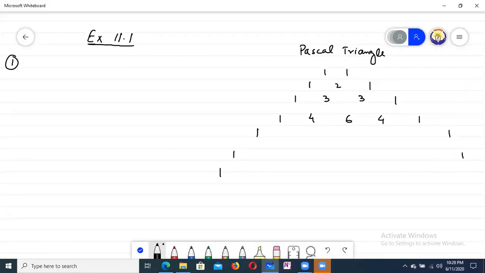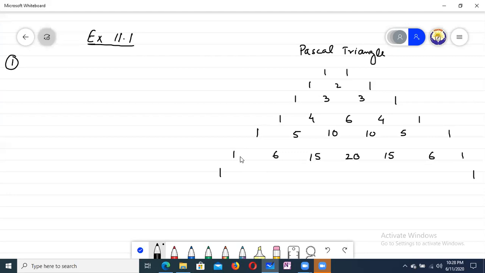Now we can complete this one. 1 plus 4 is 5, 6 plus 4, 10, here 6 plus 4, 10, 4 plus 1, 5. Here 5 plus 1 is 6, 10 plus 5, 15, 10 plus 10 is 20, then 10 plus 5 is 15, and here 5 plus 1 is 6.